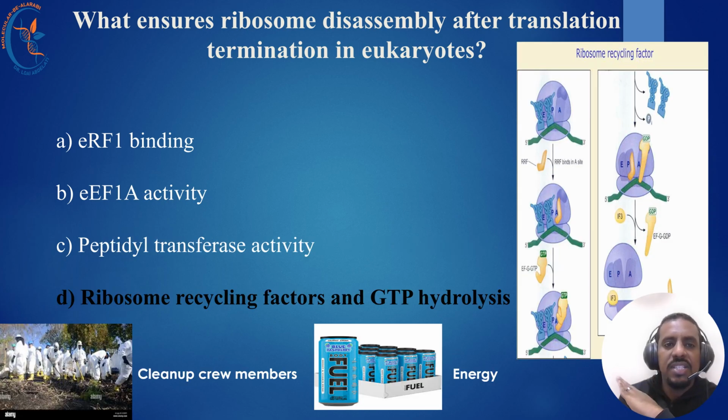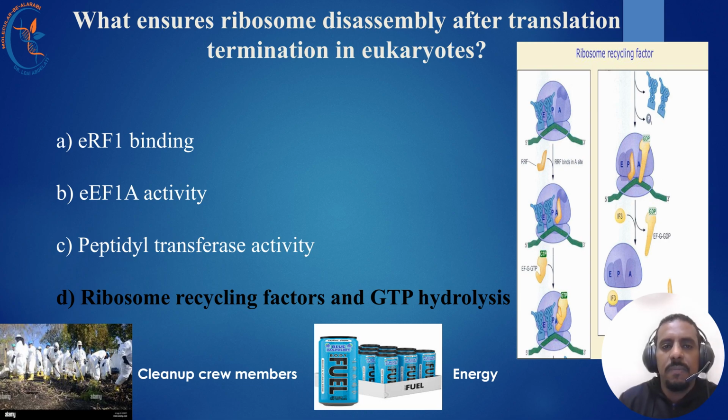Okay, after translation in eukaryotic cells, ribosome recycling factors act like a cleanup crew that disassembles the ribosome into its parts, right? On the other hand, GTP hydrolysis provides the necessary energy, just like fuel for the cleanup crew to do their job. Okay, so the correct answer here is ribosome recycling factors and GTP hydrolysis.